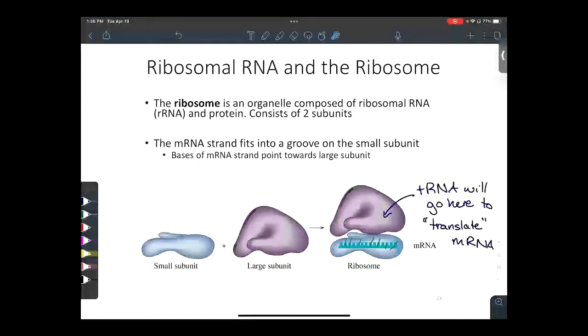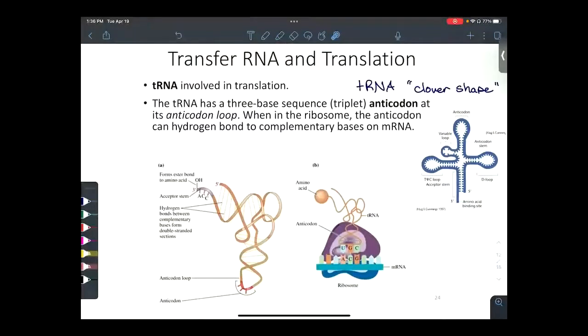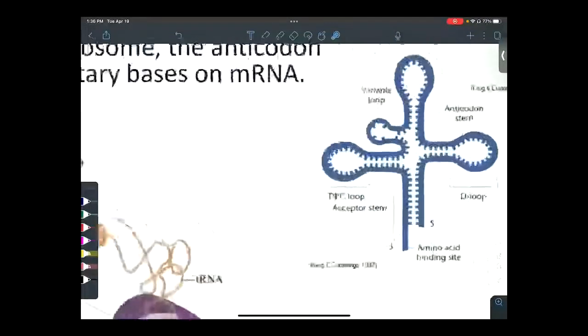And so the last piece of RNA here is transfer RNA, tRNA. Sometimes they call this the clover shape RNA. I think this is a question on your homework; that's the only reason I bring this up. It's the clover shape RNA because if you actually draw out what a tRNA looks like, it looks like this.